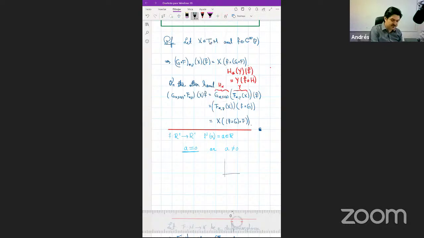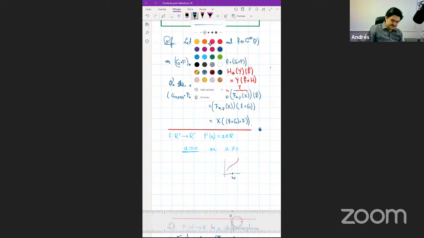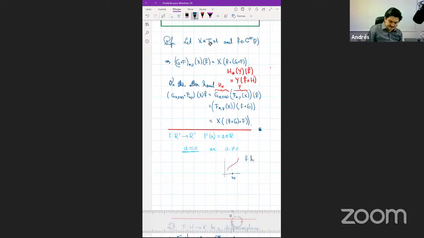A local inverse. So this is local information.